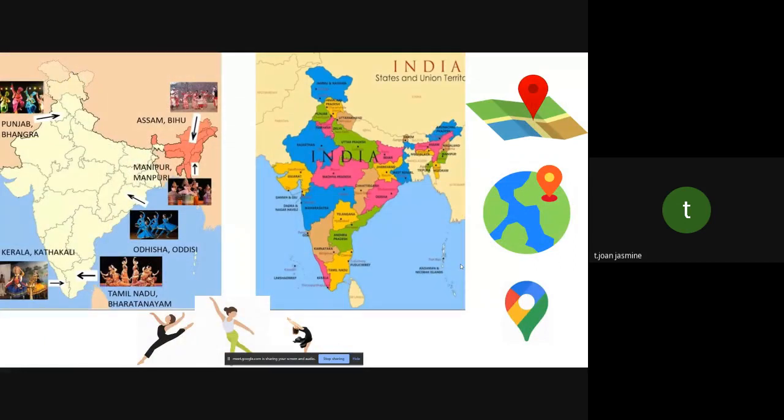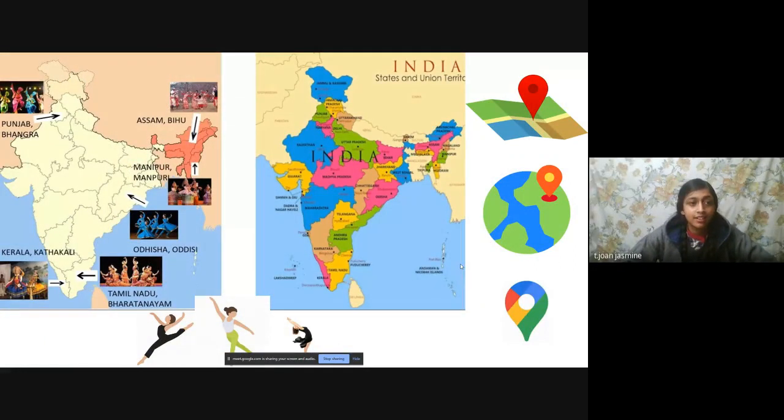Now let's take a look at these dance forms and their states. The Bhangra of Punjab in the north, the Kathakali of Kerala down south. Right next to it is the Bharatnatyam from Tamil Nadu, Odissi from Odisha, the Manipuri from Manipur, and the Bihu from Assam.